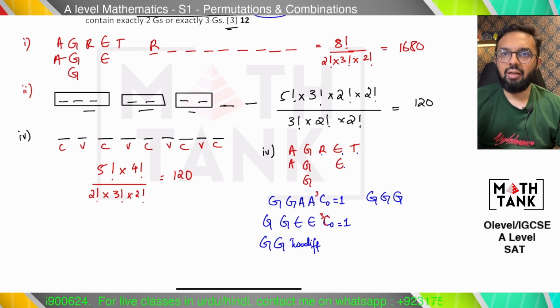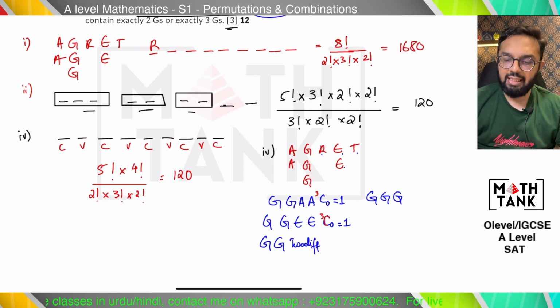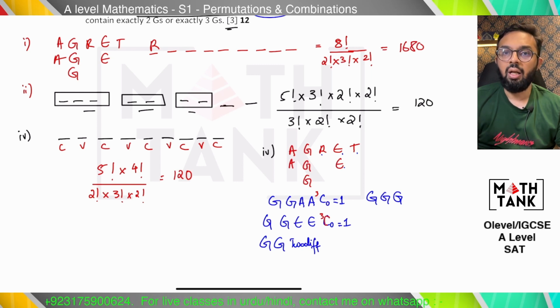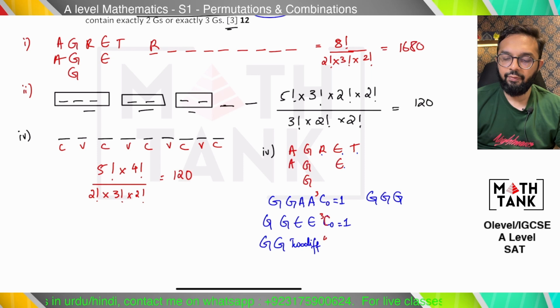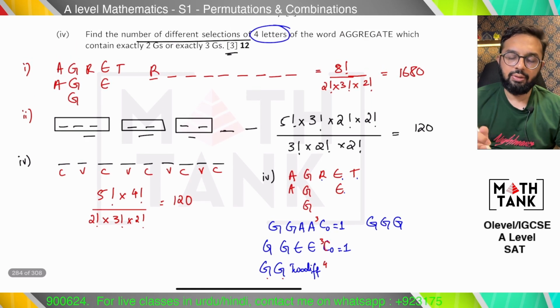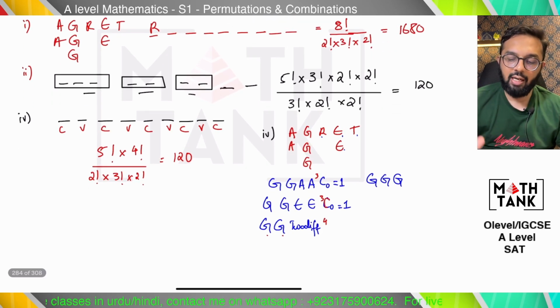There were three different letters R, E, and T. How many different letters are available to me right now? There are four different letters available to me, A, R, E, and T. I've already selected two G's. I need to select two more letters because the question was about selecting four letters.